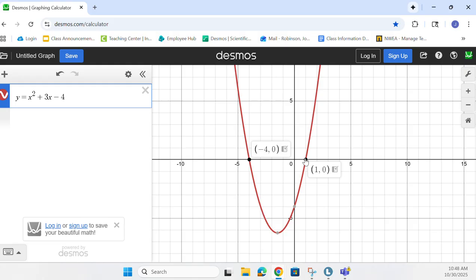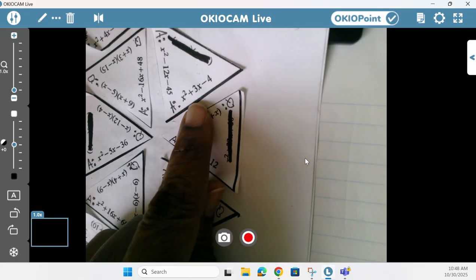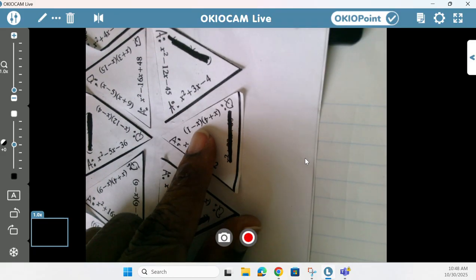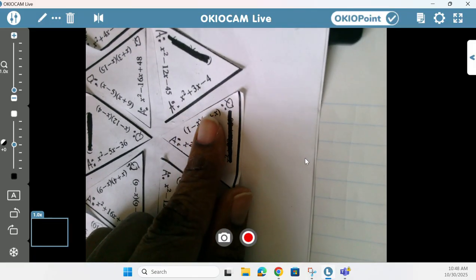It's another way to write the quadratic. In other words, on this paper, when you matched this trinomial to this expression, you knew that they were the same. That's why we put them together.